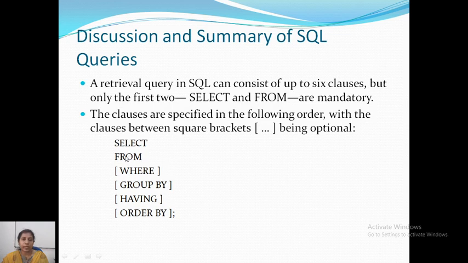If you write any query, these two must be there: select, from. Whatever we have put in square brackets is optional. Depending on the query, you use these 4 clauses, but they should appear in this order only: select, from, where, group by, having and order by.